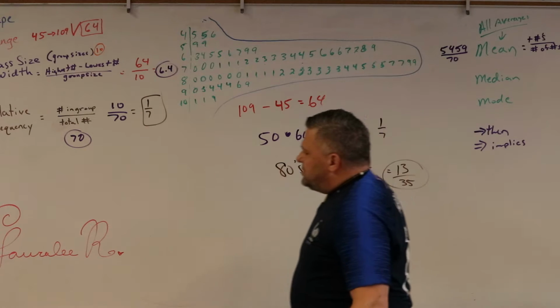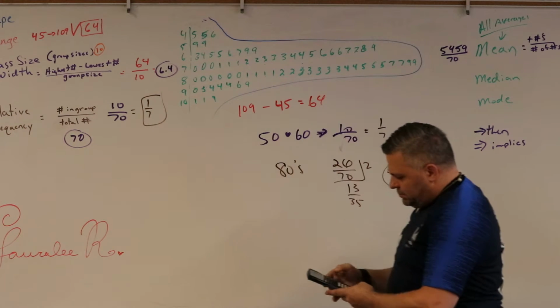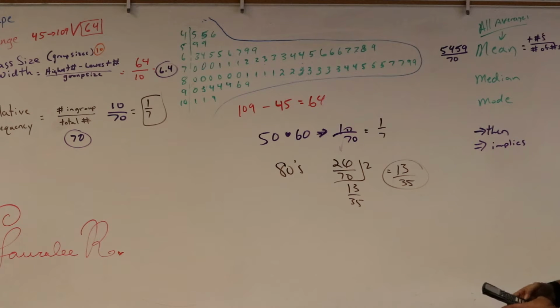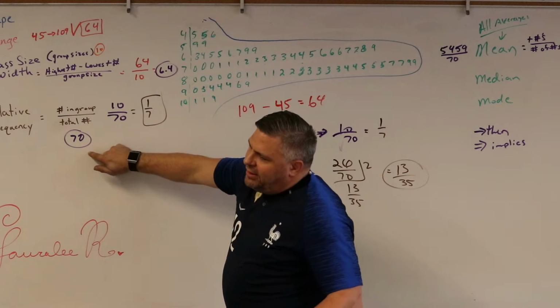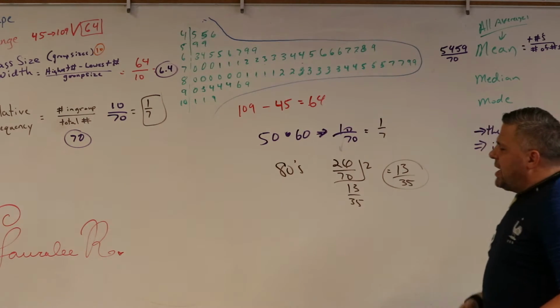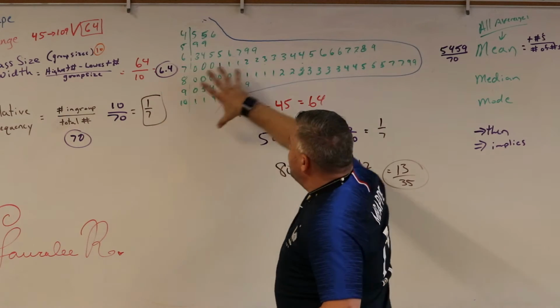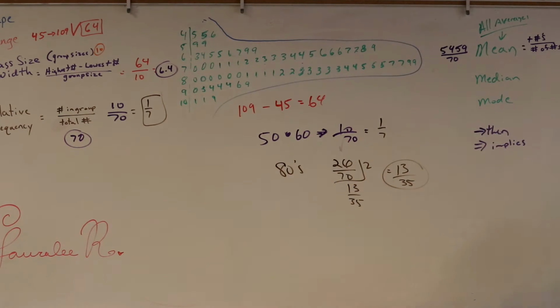And so we took that 5,459 and we divided it by the number, not the relative frequency, but the total amount, the total number of those numbers, right? However many numbers there were.